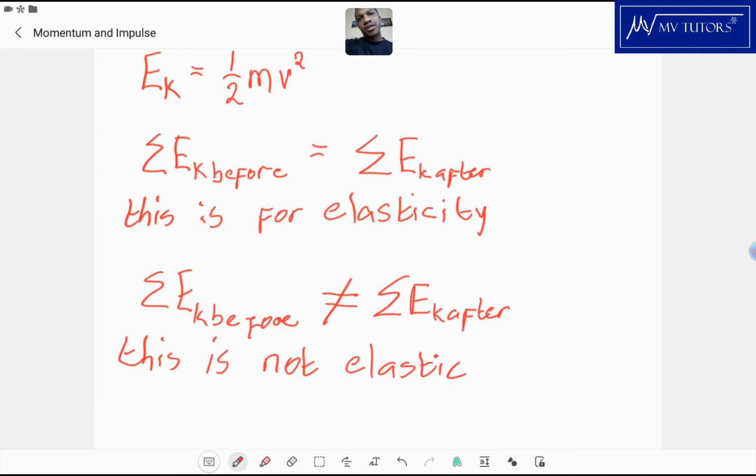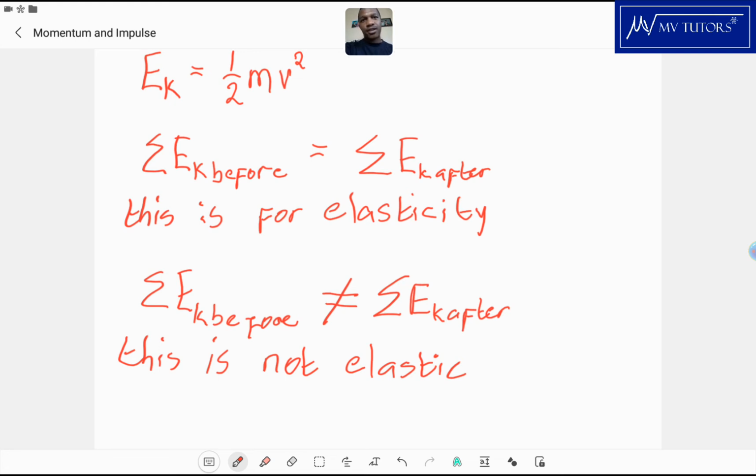So I think that's all the theory that we need to learn before we can tackle those questions. And when it comes to the topic of momentum, this is the only theory that you have to learn at this stage.